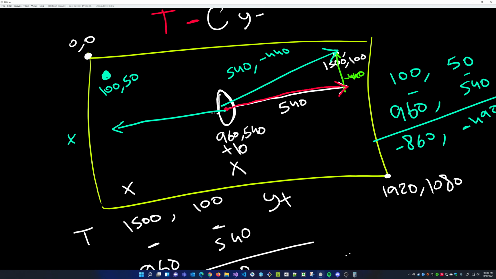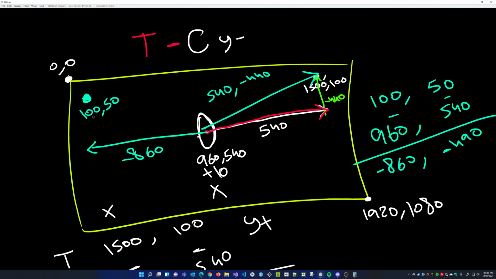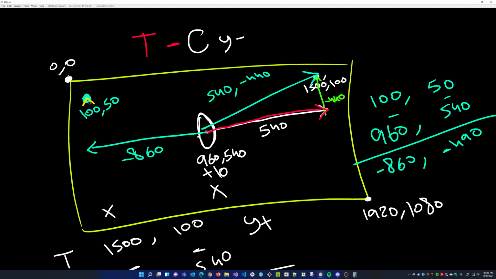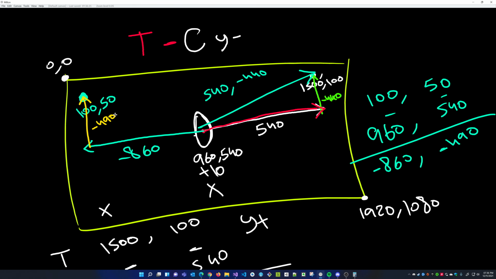So this vector over here has a length of minus 860, and then I have to go up 490 pixels.